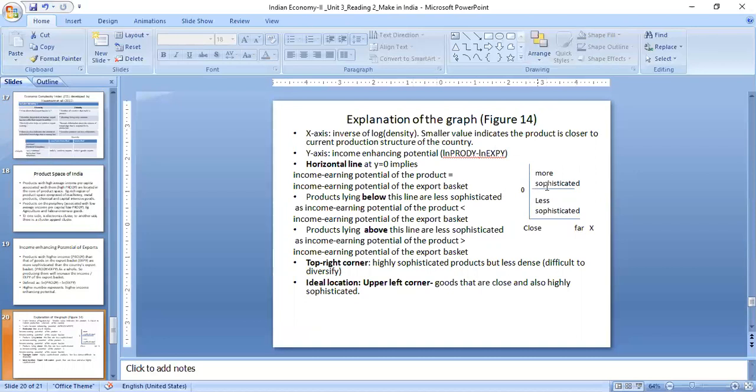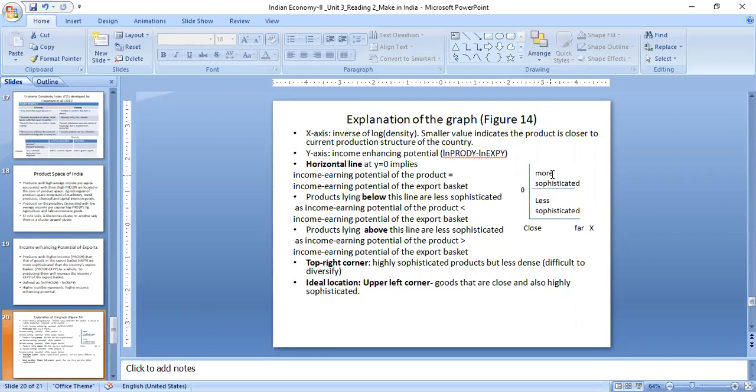So a value of 0 would imply that income earning potential of the product is same as income earning potential of the export basket. If it is less than 0, the product is less sophisticated. Greater than 0, that means more sophisticated.